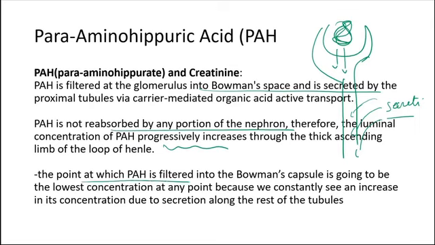The point at which para-aminohippuric acid is filtered into the Bowman capsule is going to be the lowest concentration at any point. But after that, we constantly see an increase in its concentration due to secretion along the rest of the tubule.